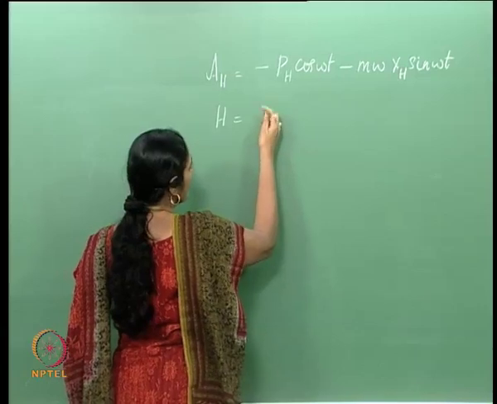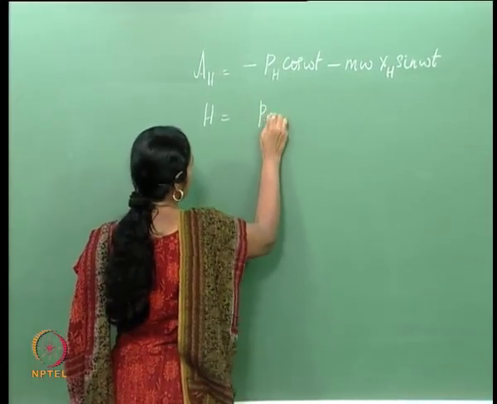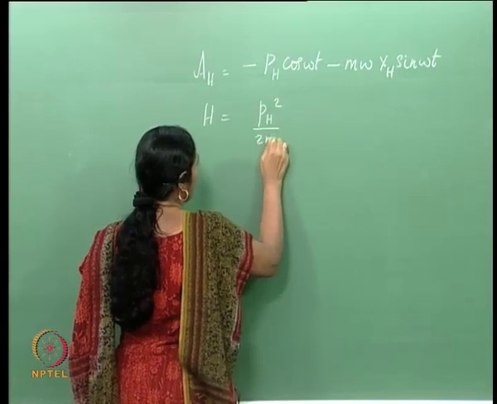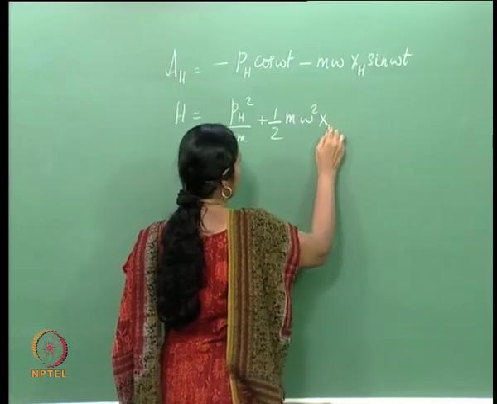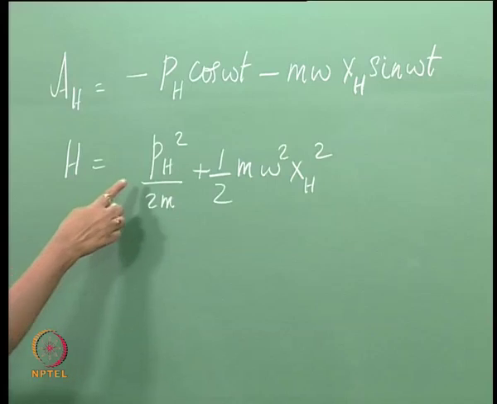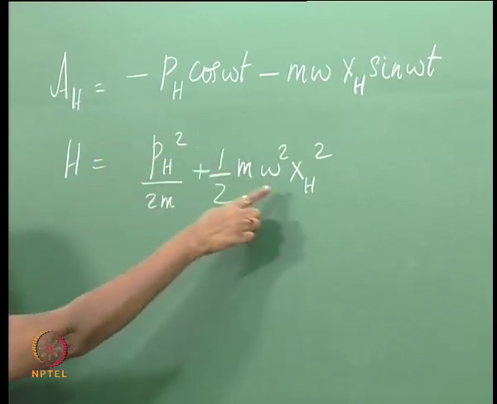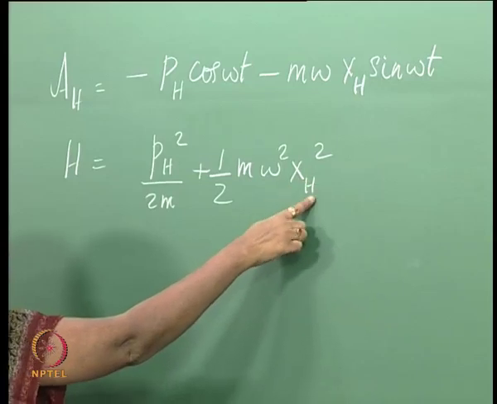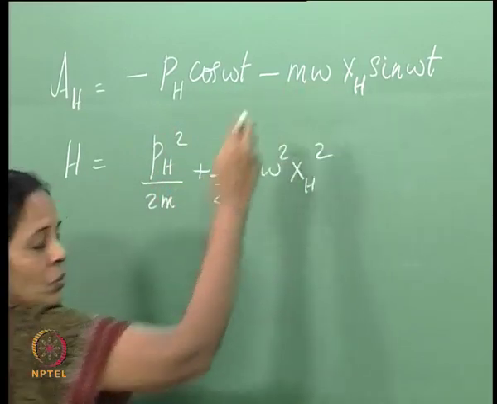The Hamiltonian is the Hamiltonian for the simple harmonic oscillator, which is pH squared by 2m plus half m omega squared xH squared. So, you see I have got the momentum operator here and of course the position operator, both written in the Heisenberg picture. This was an explicit dependence on time.